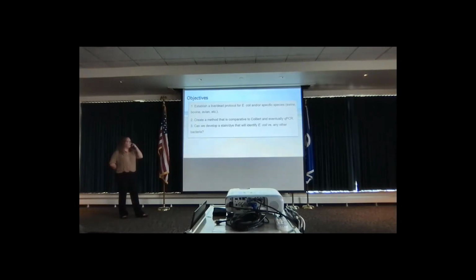We also wanted to create a method that is comparable to Colilert and to the qPCR, because Colilert only measures the culturable cells in the sample, and qPCR does do a live dead based on DNA, but it takes several hours for both of them to come up with data. And we wanted to see if we could develop a stain that would identify E. coli versus any other bacteria, and we think we found that with that DNA probe.